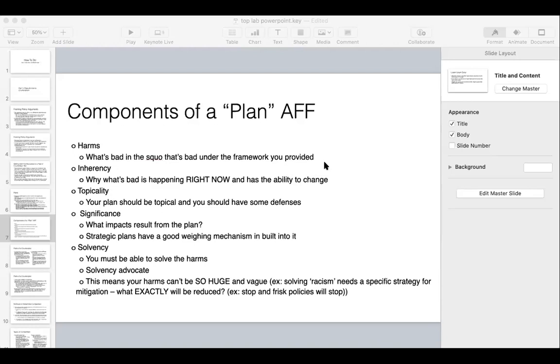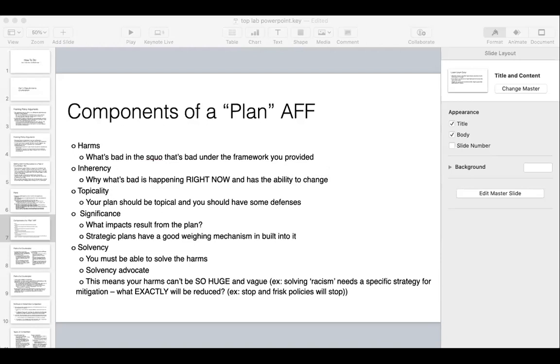But for example, I remember one topic I debated, we were debating something about housing policies and land use policies. And someone read this AF that was like land requisitions or the government seizing land. But the way that the topic described housing was really in the context of the private sector. So the government seizing land didn't apply.